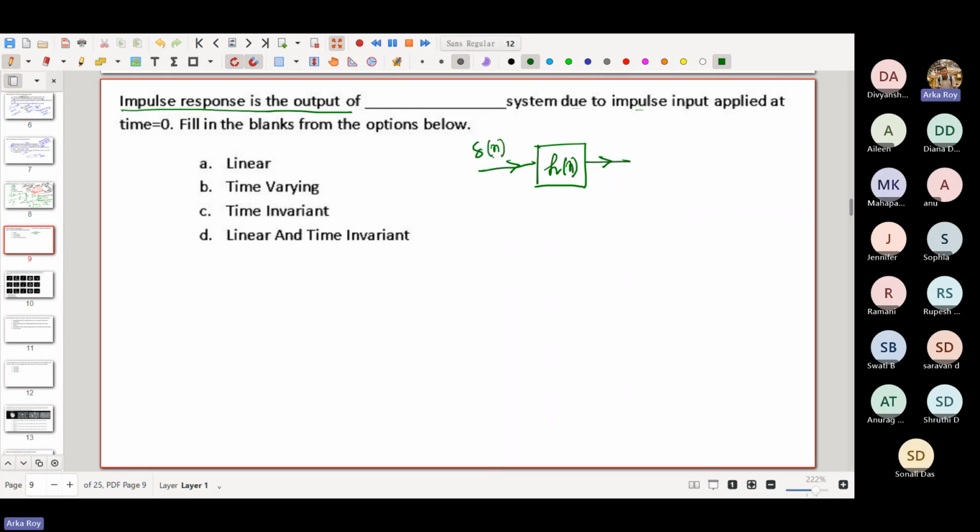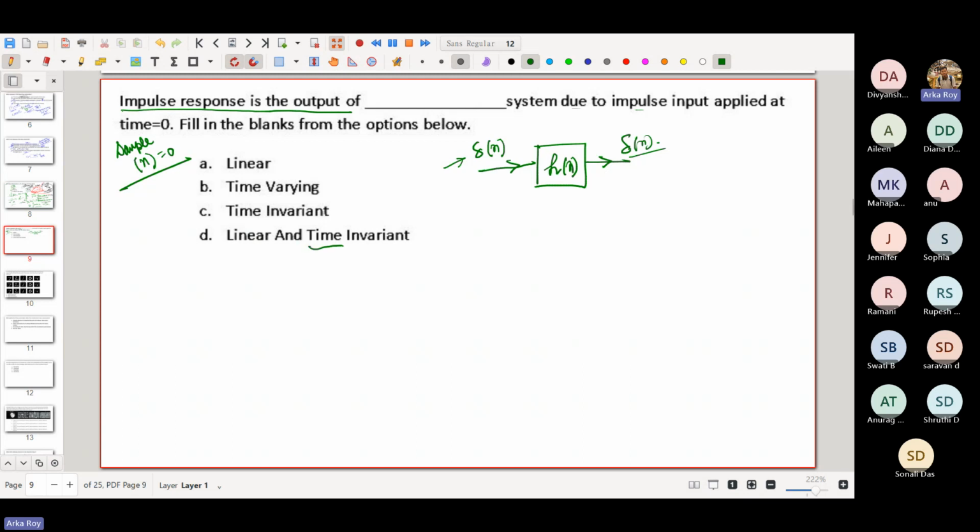So delta n basically exists at time t equals 0. I can analogously say it is sample n equals 0, because both are analogous. So you feed a delta n over here, you get an impulse response. That means again you get an impulse only at the output, that is delta of n.